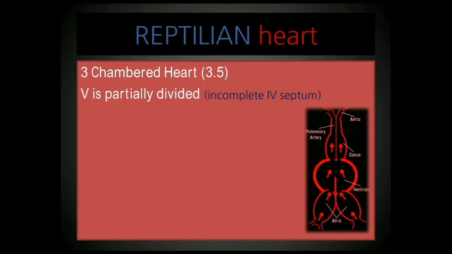But in the books you may find it as a 3 chambered heart in the case of reptiles. Here we have the conus arteriosus, and it also has a particular demarcation in between to keep the two separate streams which will go into the aorta to be distributed. And we have a pulmonary artery which goes to the lungs.